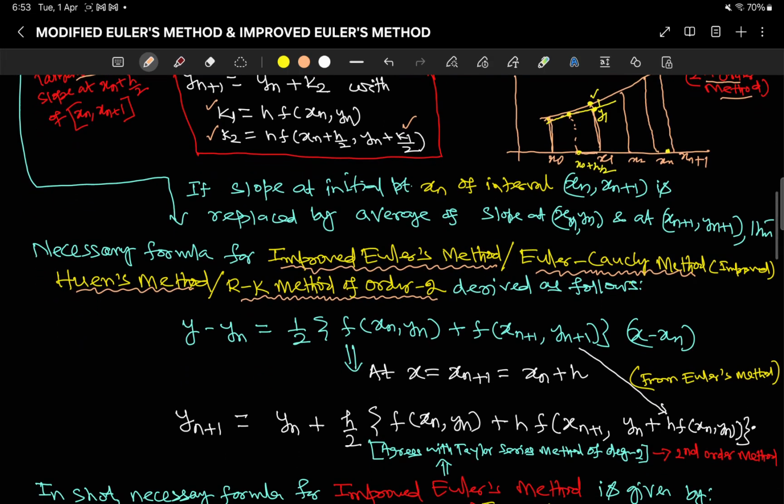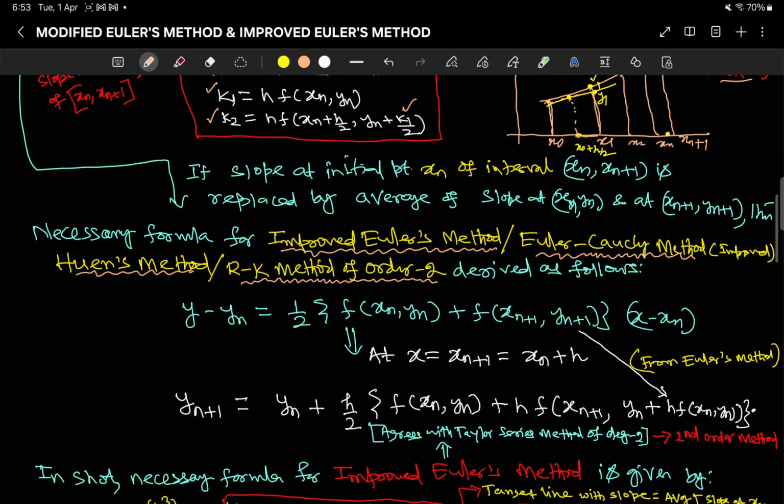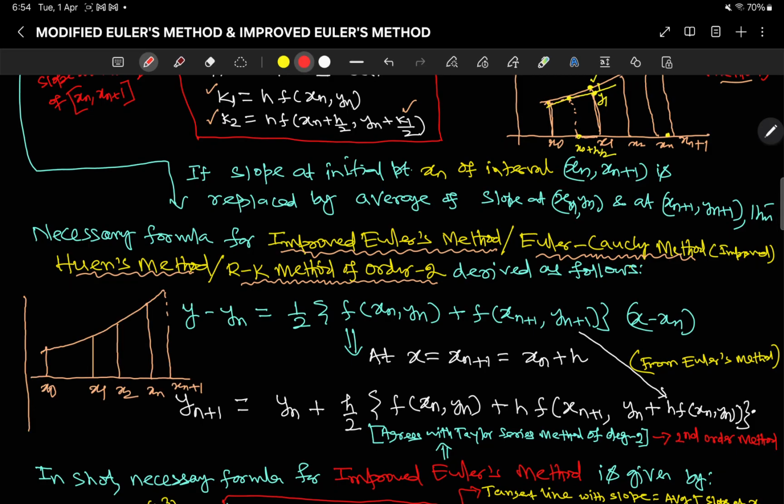Now, what happens in this improved Euler method? In Euler's method we take the tangent at this point. In the midpoint method we take the tangent at the midpoint, but here we take the tangent at the initial point and at this terminal point.